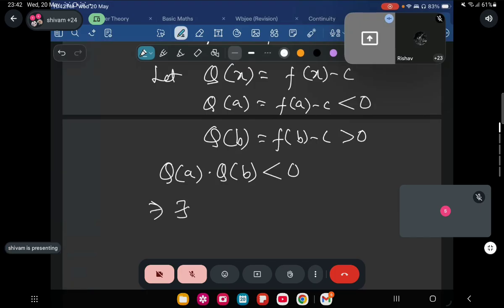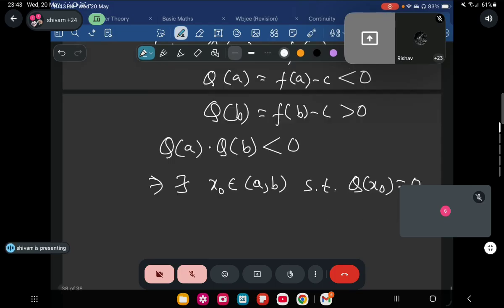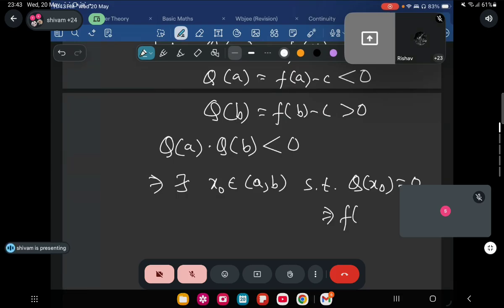There exists some x naught belonging to (a, b) such that q of x naught equals 0. Can I say this? And what is q of x naught? q of x naught equals f of x naught minus c equals 0. This implies f of x naught is equal to c. Hence proved mathematically.